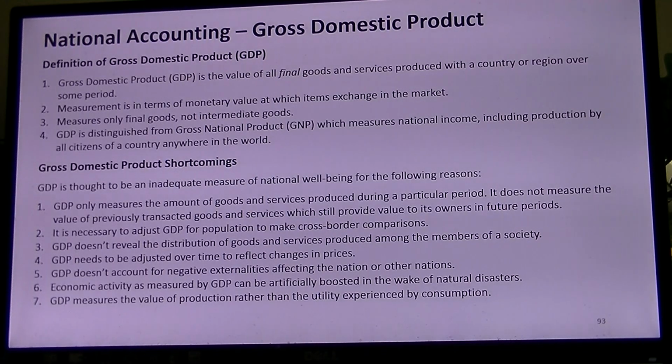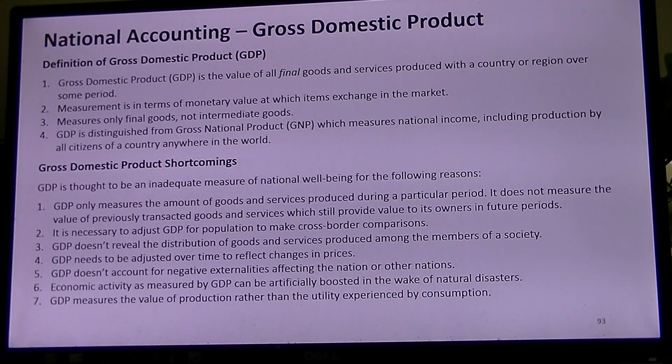You may have heard of that. That measures national income, including production by all citizens of a country anywhere in the world. So the gross national product of the United States, for example, would include money that your professor earns here in Japan, even though I'm not living in my home country and haven't for many years.